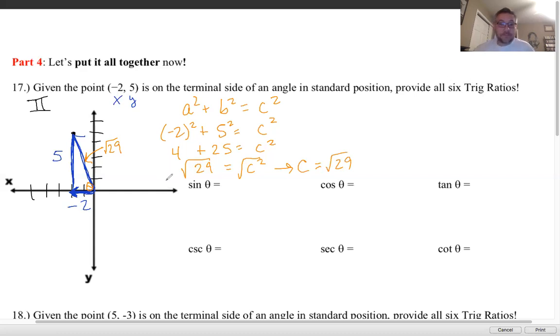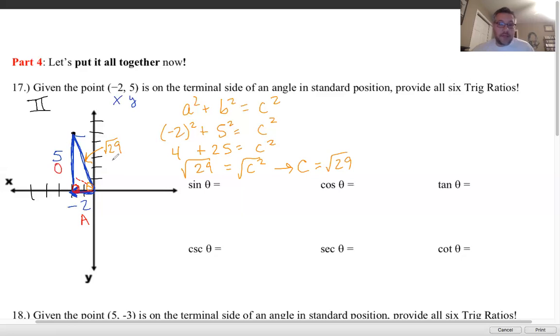Okay? So let's diagram this now like we did prior. The side that connects theta to the 90-degree angle, that's always the adjacent. So -2 is the adjacent. This 5 here is the opposite because it's across from theta.